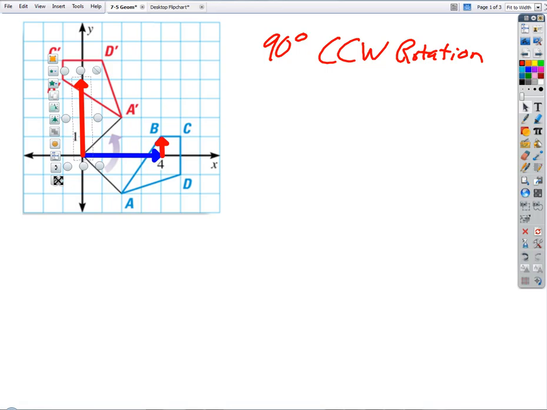Wouldn't you agree that if I start going right, 90 degrees counterclockwise rotates that arrow to up instead? So instead of right 4, we go up 4. Instead of up 1, what are we going to do if we rotate that arrow 90 degrees counterclockwise? It's going to become left, isn't it? We take this guy and rotate it 90 degrees, like so.